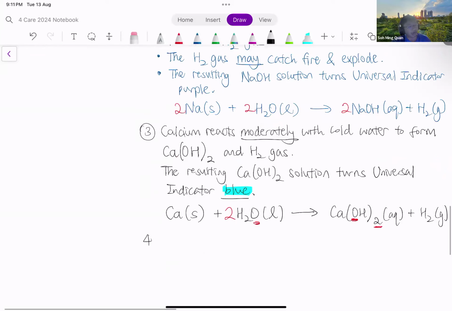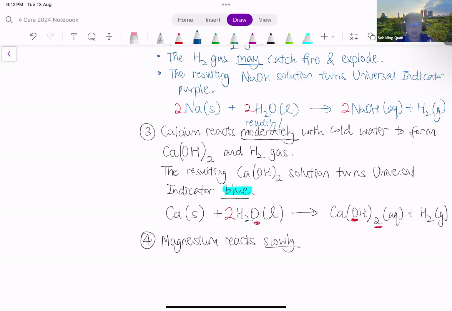Now, finally, we come to the last one, which is magnesium. Another group 2 element. So we have had very violently, then moderately. The last one, slowly. Besides moderately, we could have said readily.